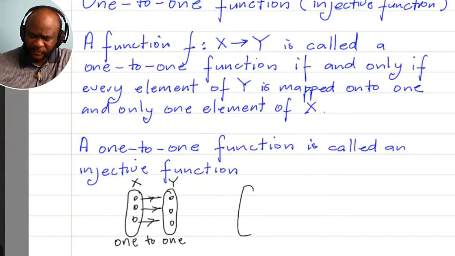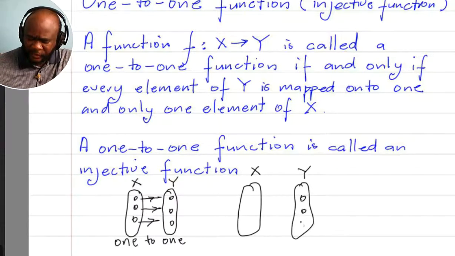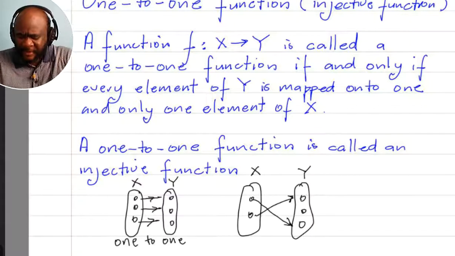I'm guessing that maybe a function that looks something like this. We have 1, 2, 3, 1, 2, and let's say you have something going like that and something going like that. I'm guessing that this would not be one to one because you have an element in y that is not mapped onto any element in x.